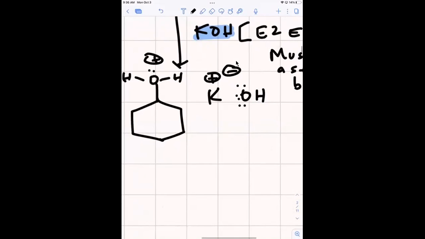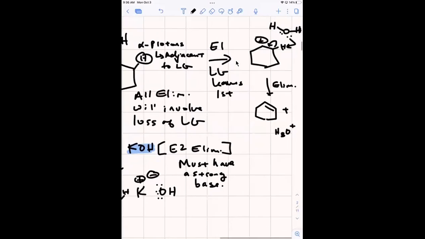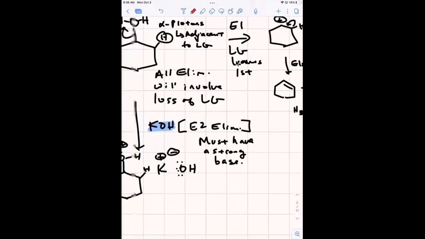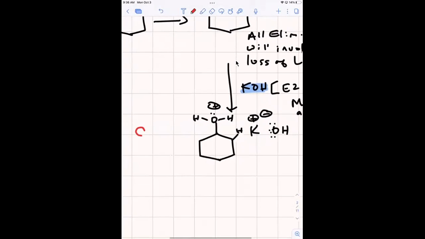Right, so with E2, it's a little bit different. If you notice, the E1 is stepwise. The E2 is going to be concerted. And this matters when we start talking about the rate, when we're determining the rate law, and there are a lot of other implications for that.